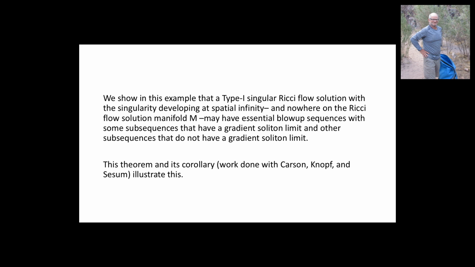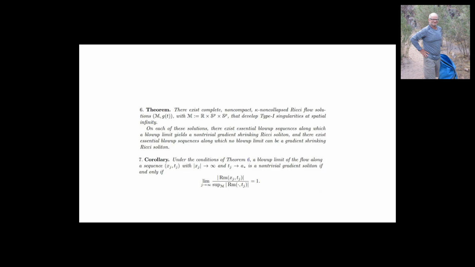This was worked on with Carson, Knopf and Sesum. So our theorem and the corollary exhibit this. What we show in the theorem is that there exist complete non-compact kappa non-collapsed Ricci flow solutions with the manifold equal to the real line times the sphere S^p.